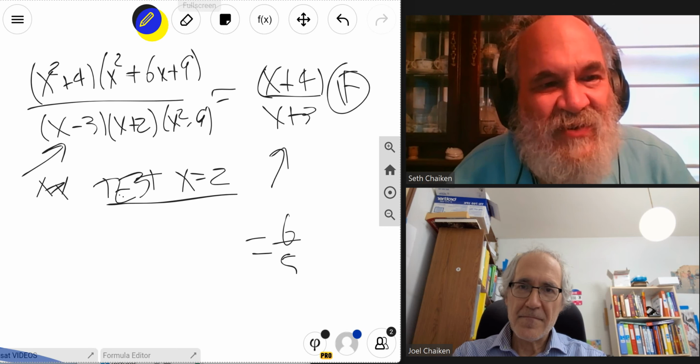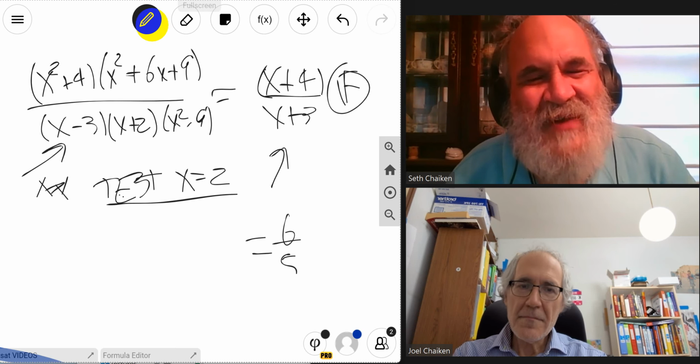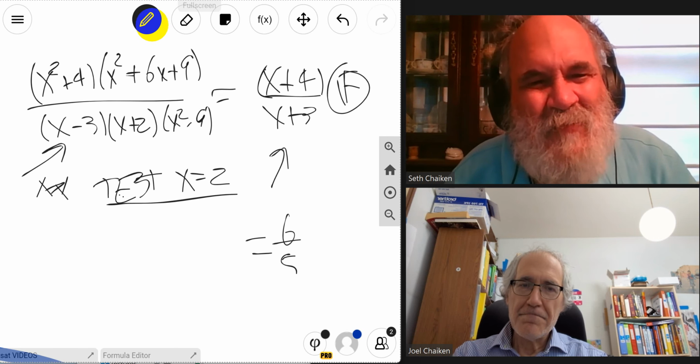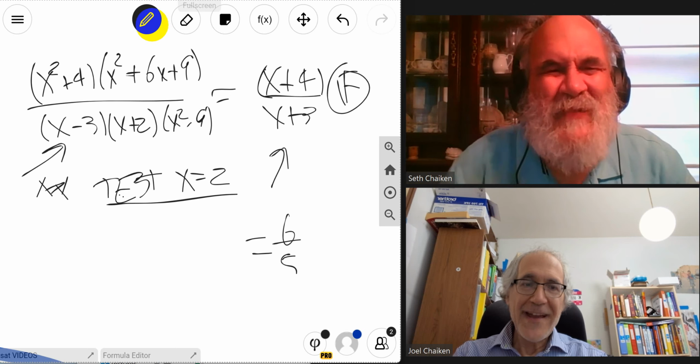And the coefficient of x to the 4th is the coefficient of x times the coefficient of x times the coefficient of x squared, which is 1 times 1 times 1, which is also 1, which gives you coefficient x here, coefficient x there. So anyway, that's really funny.